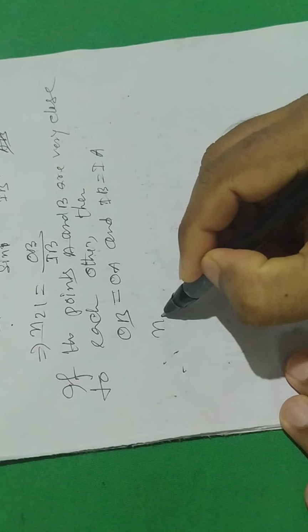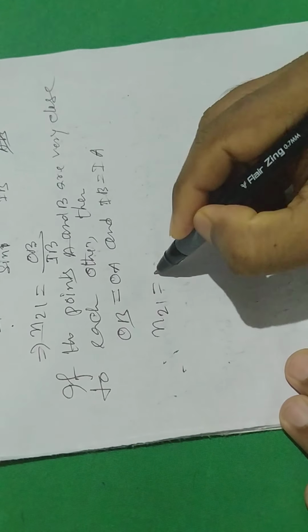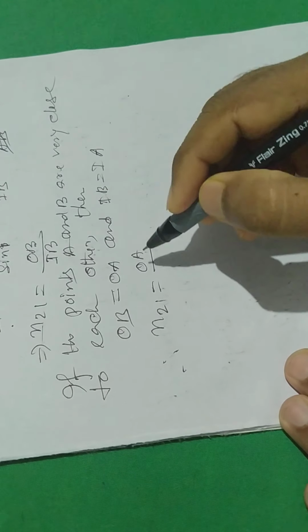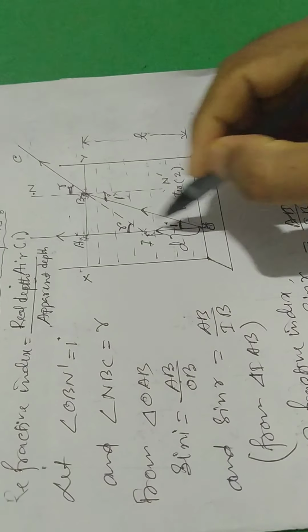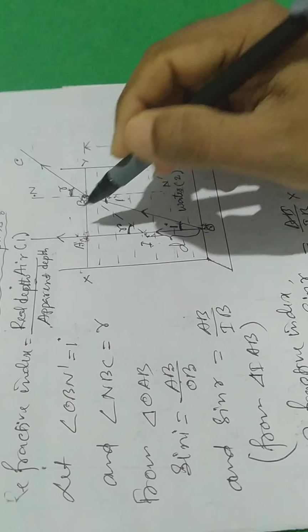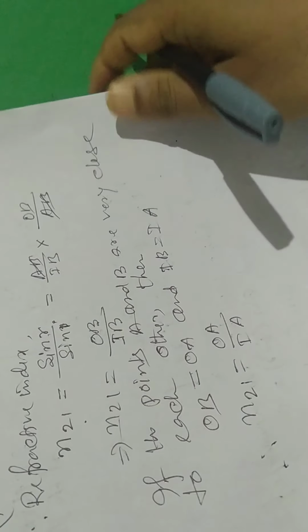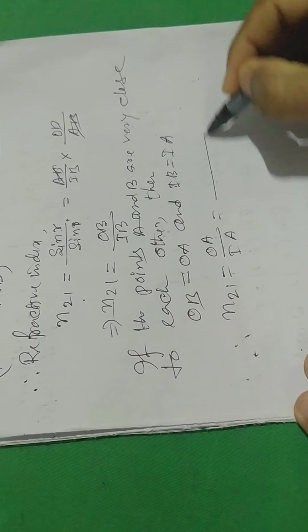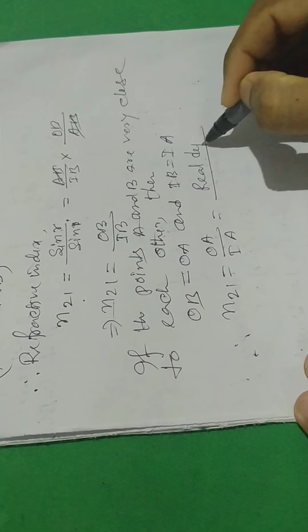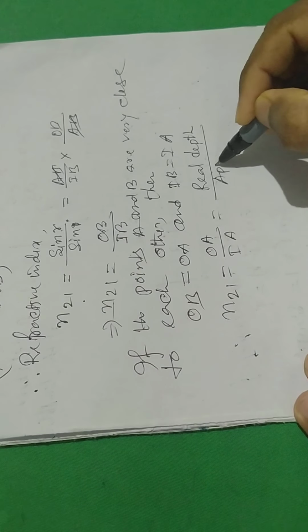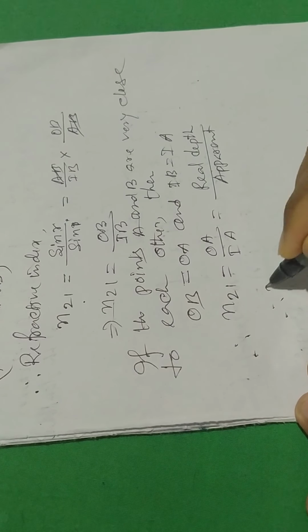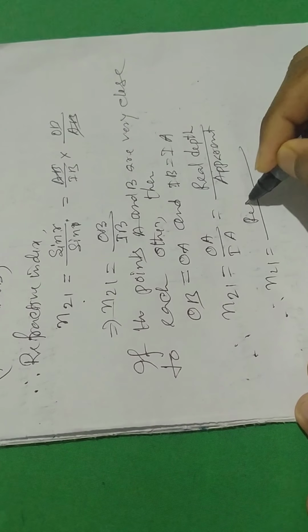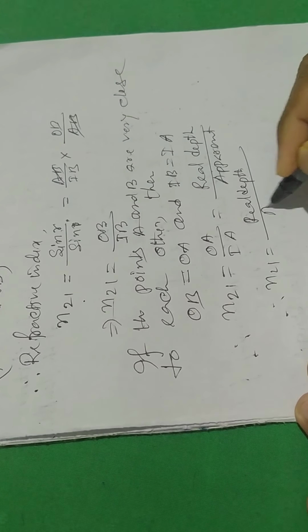Therefore, refractive index n21 equals OA by IA. Now you see the diagram. OA is the real depth, IA is the apparent depth. So we can write real depth divided by apparent depth. Therefore, n21 equals real depth by apparent depth.